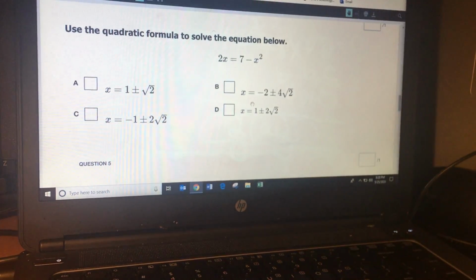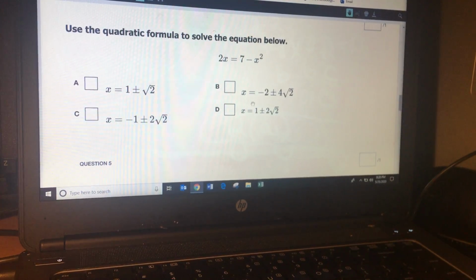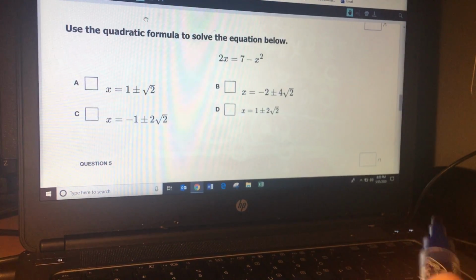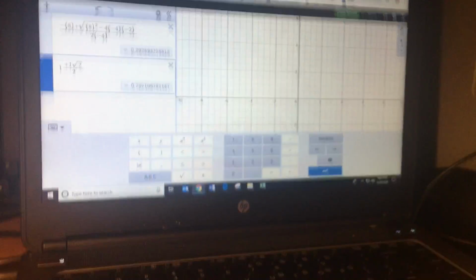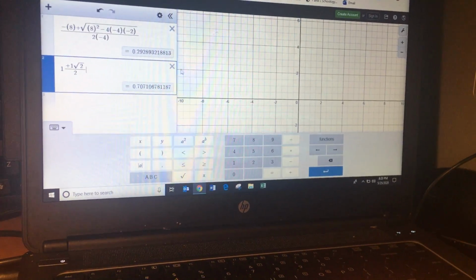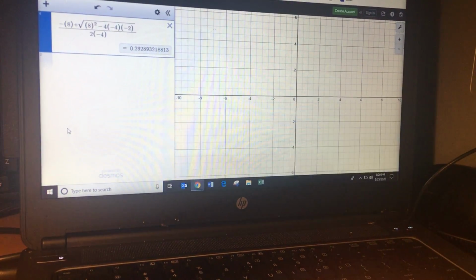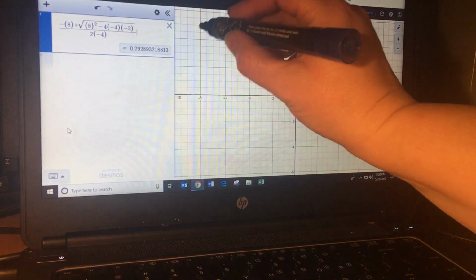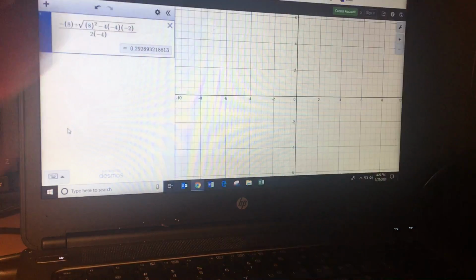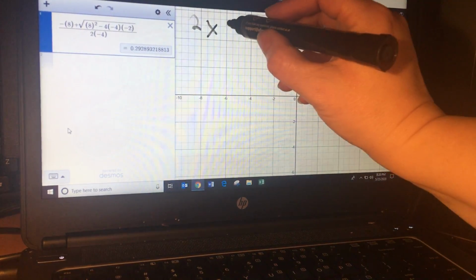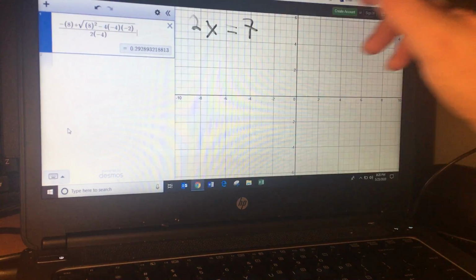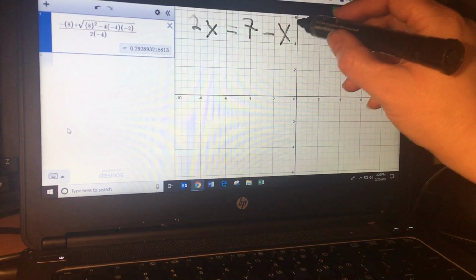Using quadratic formula equation. Okay, so let's move stuff around because we want to have it in standard form. So let's go to Desmos and we'll do it there. Just going to be easier for me. Leave the top alone because we're just going to substitute the numbers. Let's write our equation. We had 2x equals 7 minus x squared.